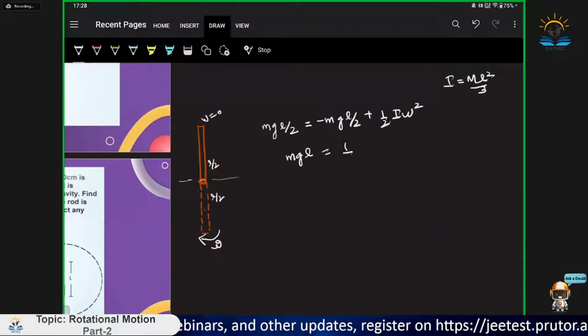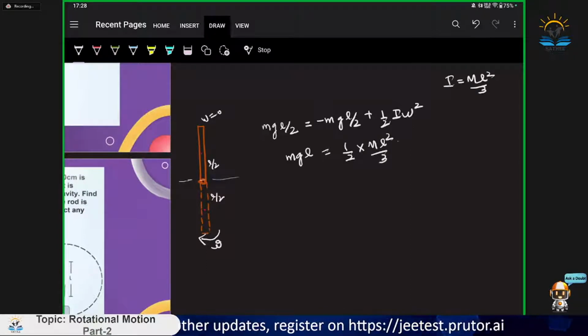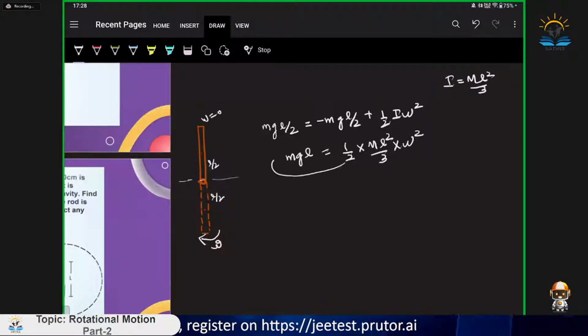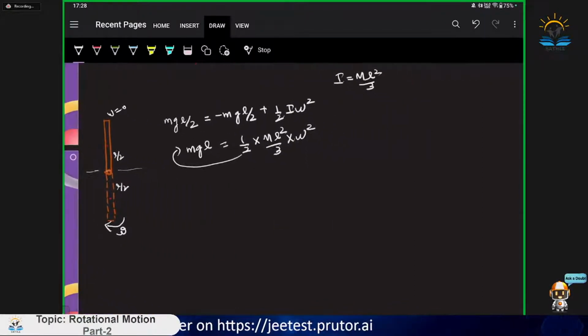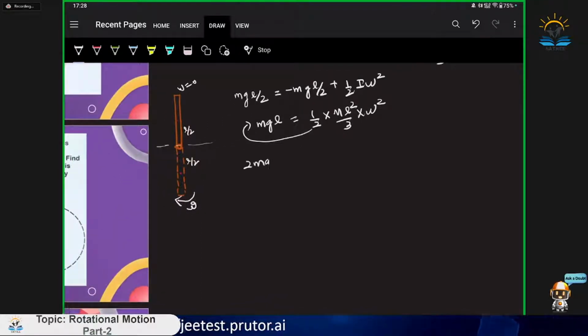Mgl is equal to half into I, which is ml square by 3, into omega square. I'm taking the half to this side, so we will get 2mgl equal to ml square by 3 omega square.